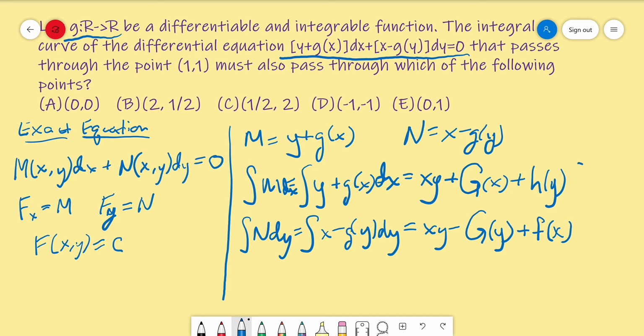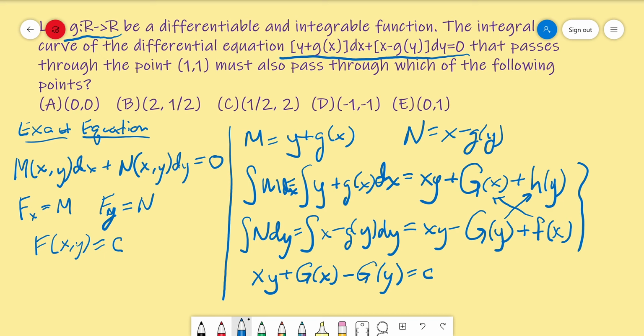Now when we look at these two solutions, we see that this function of x is actually big G of x, and h of y is actually minus big G of y. So our answer is going to be xy plus big G of x minus big G of y equals some constant. That's going to be the equation of our integral curve.